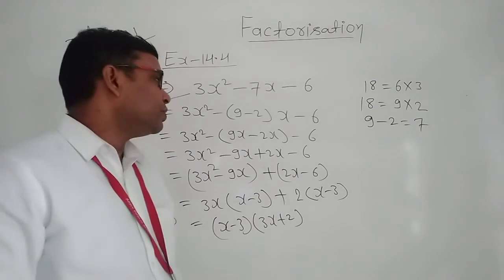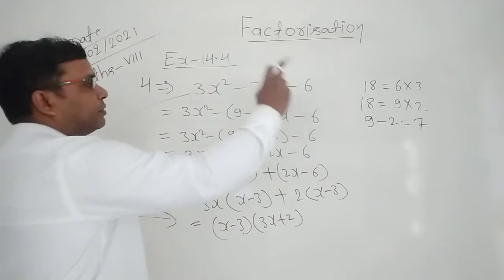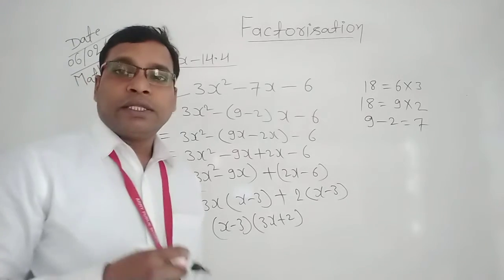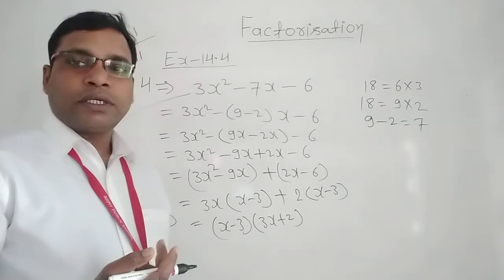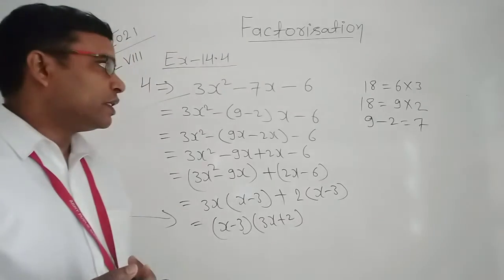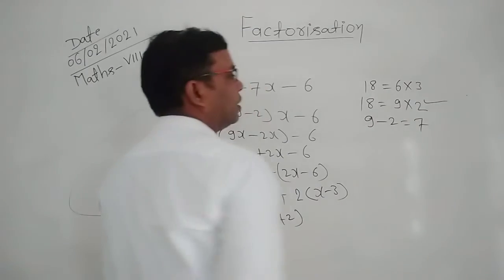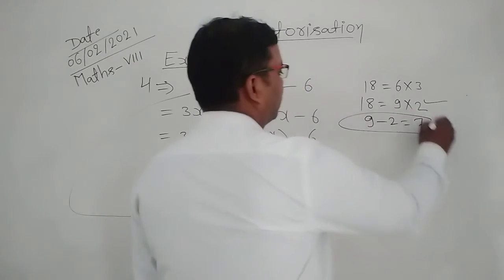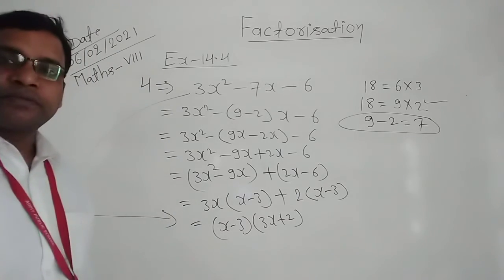In such type of questions, first we multiply the coefficient of x square and the constant term, and after this we find factors of the obtained result of the given two numbers 3 and 6 such that the difference is 7. So in this way you can see 18 is equal to 9 into 2, and their difference 9 minus 2 is equal to 7. This is clear. After this we simplify this and we get the result.